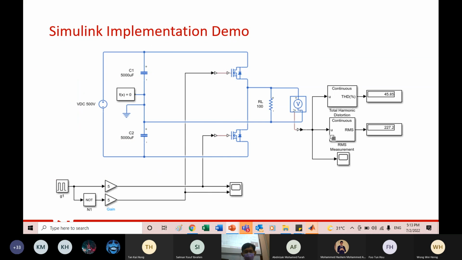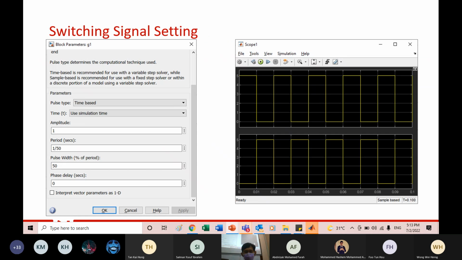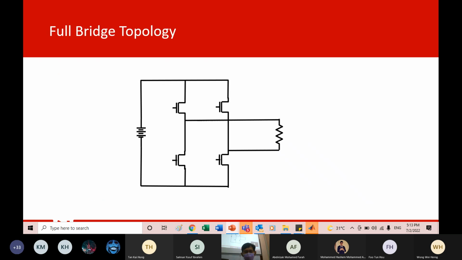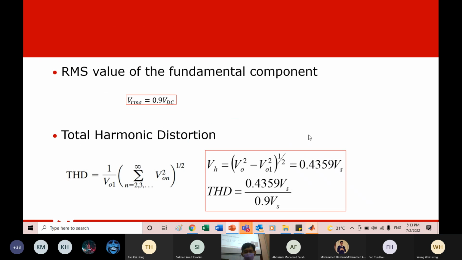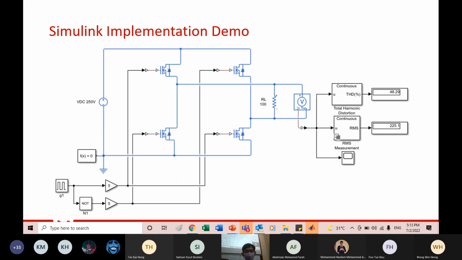We also gone through the full bridge, and we have gone through the simple equations to calculate the VRMS and total harmonic distortion. We also gone through the simulating implementation of this full bridge, half bridge, and so forth, so that you're aware of how you can construct a DC to AC converter.